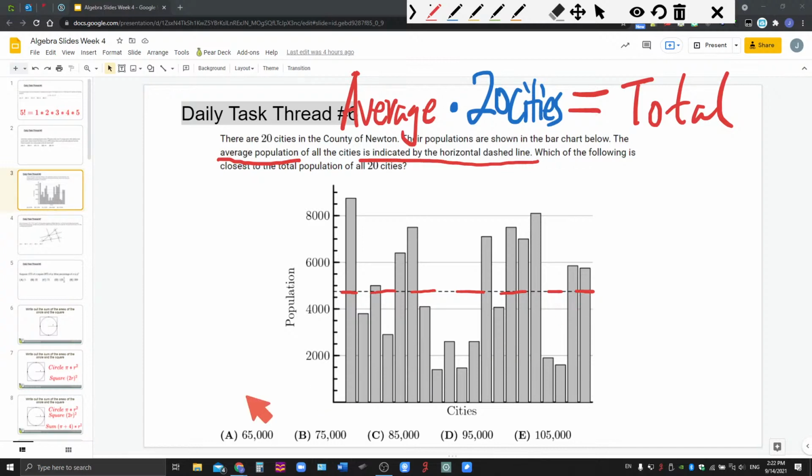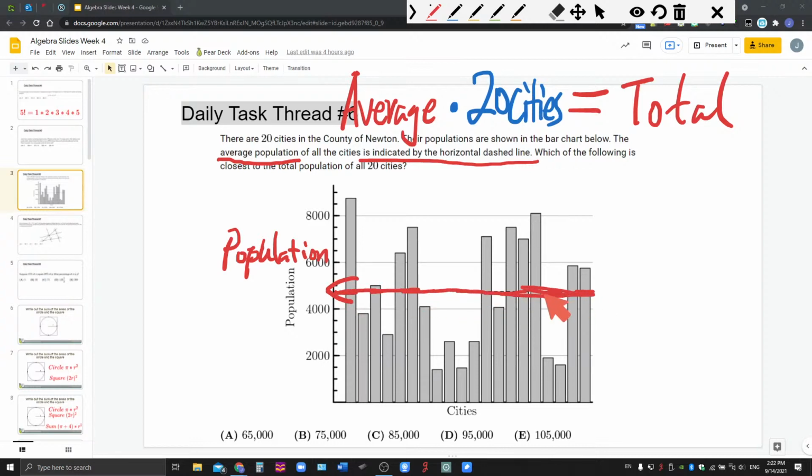Now, we talked about this before. This is a graph. If we need the population, we go to the population side. So here, from this dashed line, and if we need the population, this side is population. If you read the legend here, it says population. So if you need population, just go to this side.